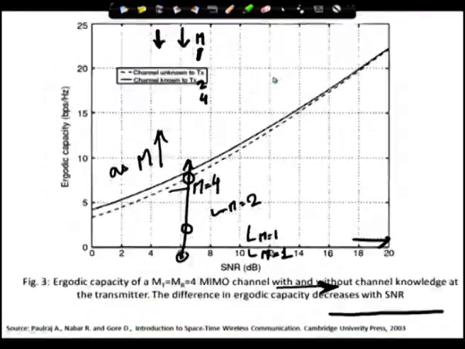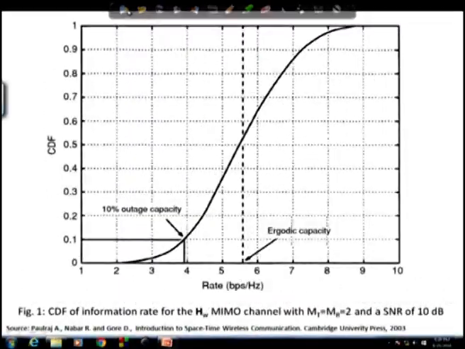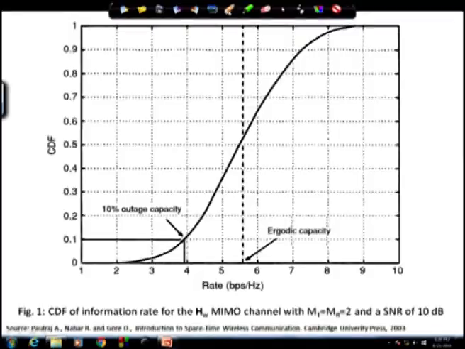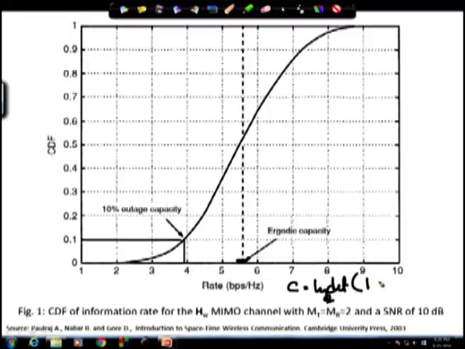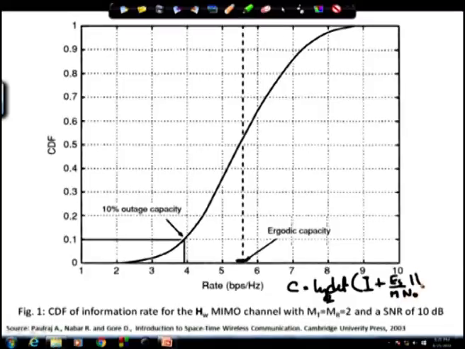So under such a situation, if we see this capacity axis, most of the time my capacity will be very close to one value, because what we are seeing is C equals log base 2 determinant of I plus Es upon M times N naught times HW Hermitian.